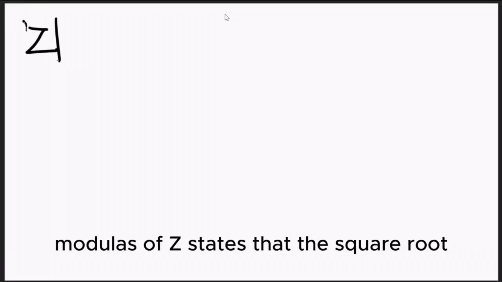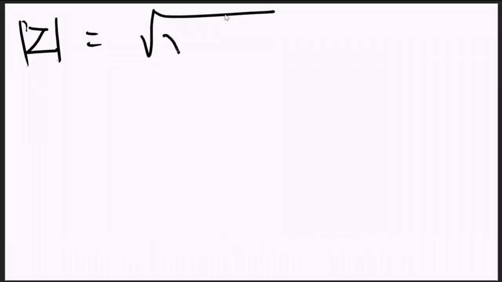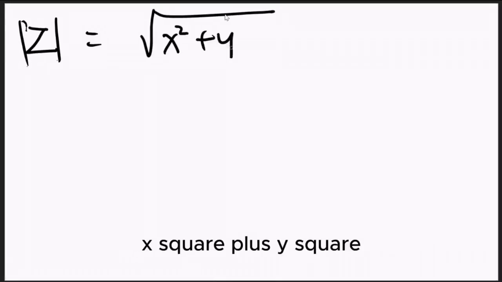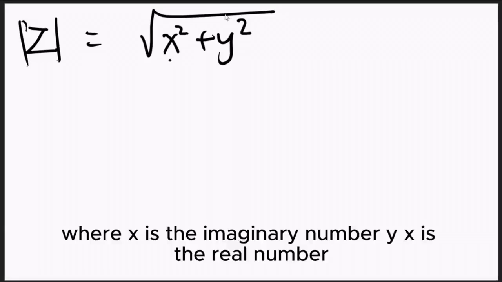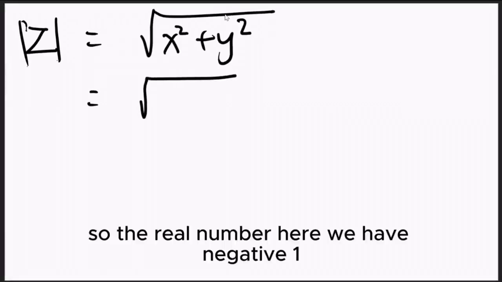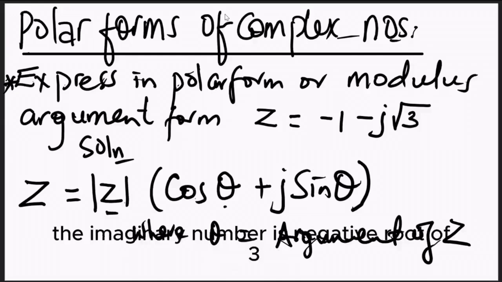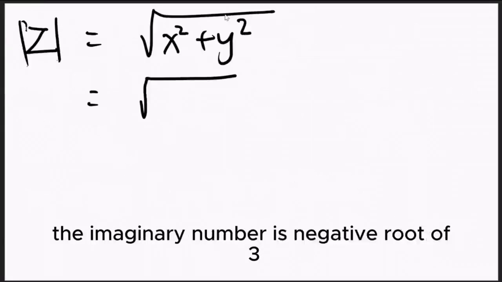So let's go and look for the modulus first. The modulus of Z states that it is the square root of x squared plus y squared, where x is the real number and y is the imaginary number. So the real number here is -1, the imaginary number is -root of 3.